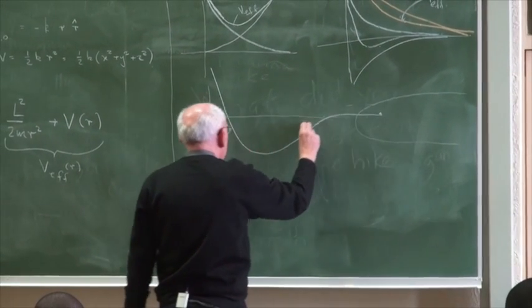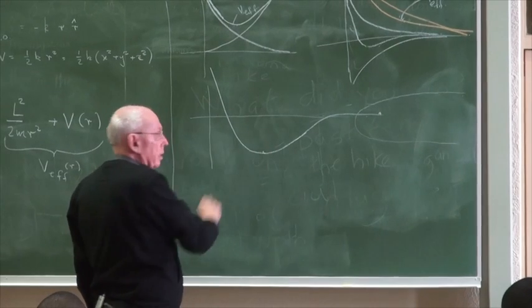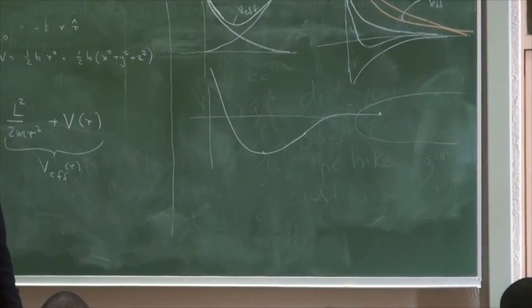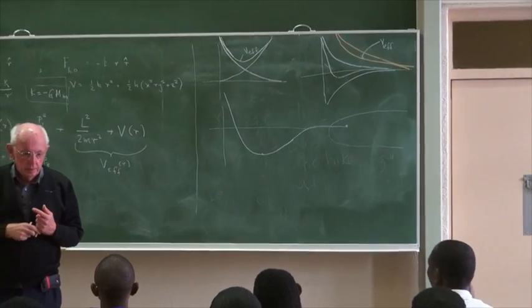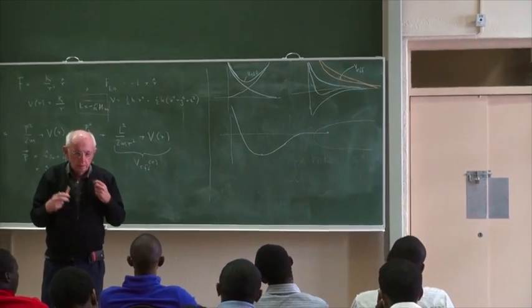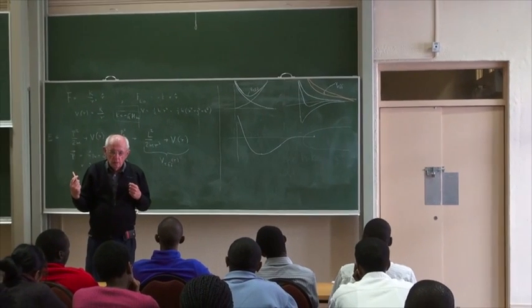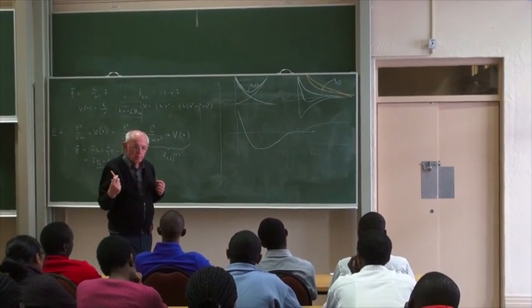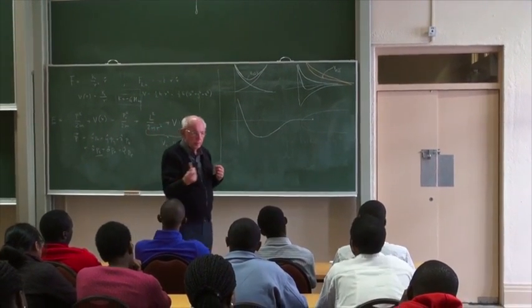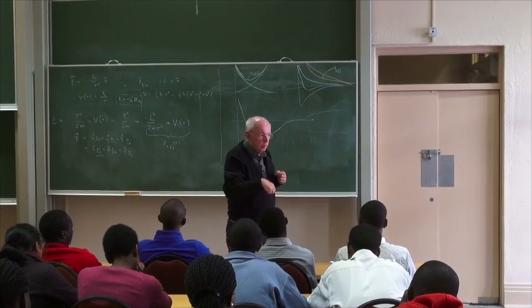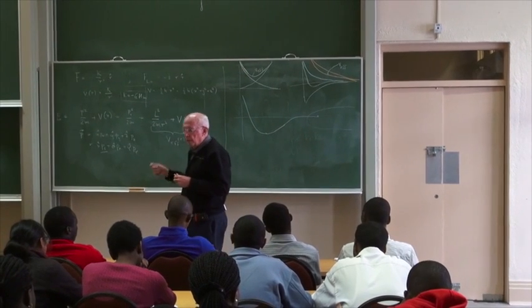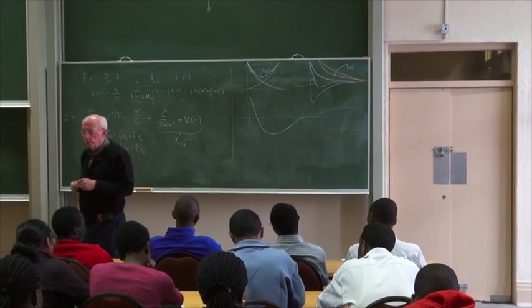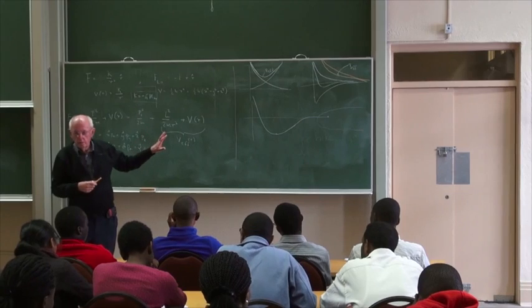So a particle comes in, and it can be here and it can be bound. This is what I'm interested in. It is the motion of the Earth around the sun. It's the motion of the moon around the Earth. It's the motion of any satellite around the Earth. It's all in this.